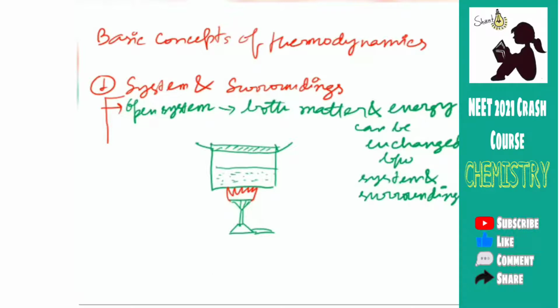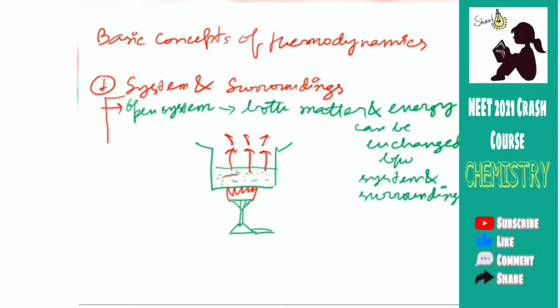Now, suppose this lid is not present here. So if we heat this beaker again, what will happen? The water will vaporize, right? But here there is no lid, so the water vapor is not stopped by the lid. So it will go out, right?